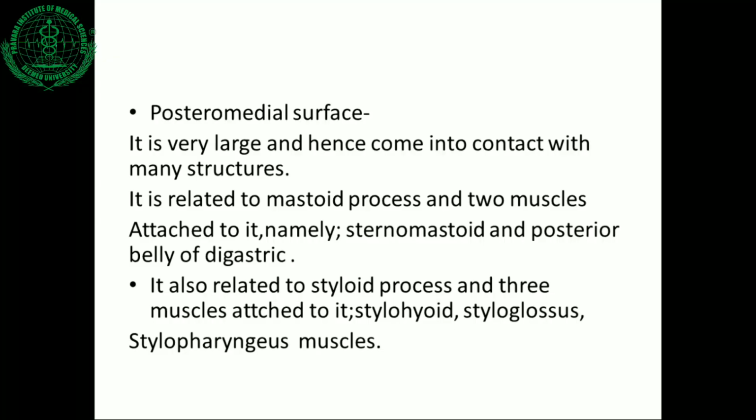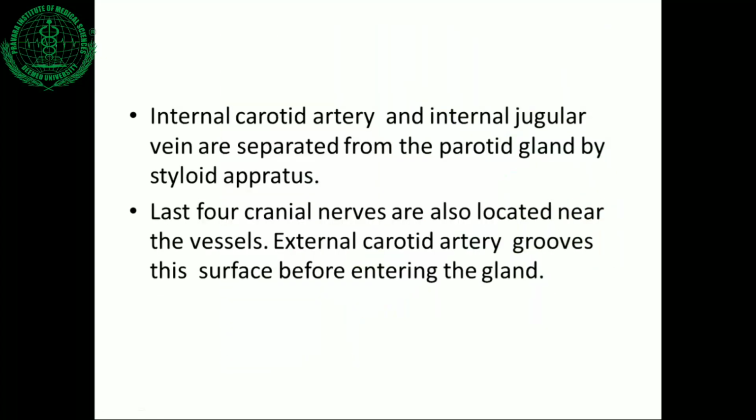Then after this anteromedial surface of the parotid, about the posteromedial surface of the parotid gland. The posteromedial surface of the parotid is very large and comes in contact with many structures.